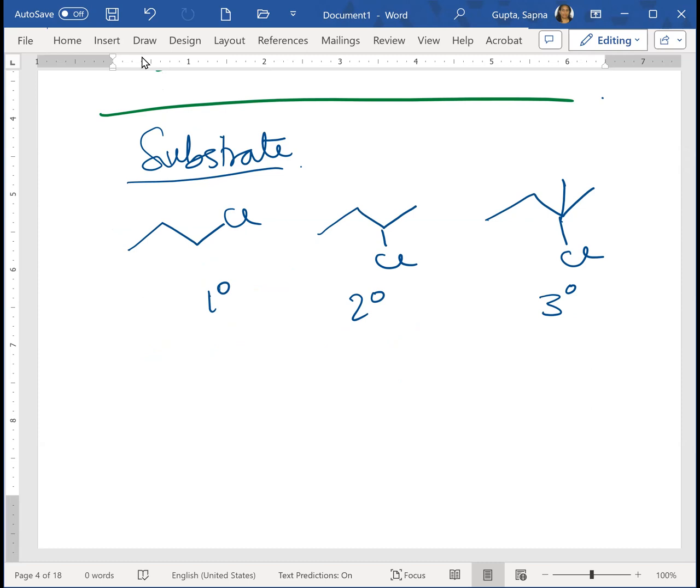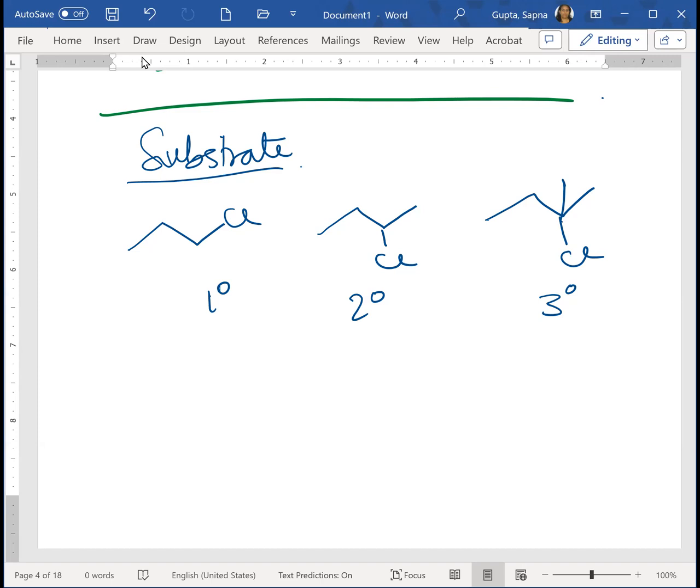In case you're wondering why I keep taking chlorine, we will talk about the leaving groups later on, but chlorine and bromine are really good leaving groups. So that's why I use chlorines and bromines a lot more than any other halogen. Right now, what we are talking about is actually not the chlorine, but the nature of the carbon, which means the attachment of it.